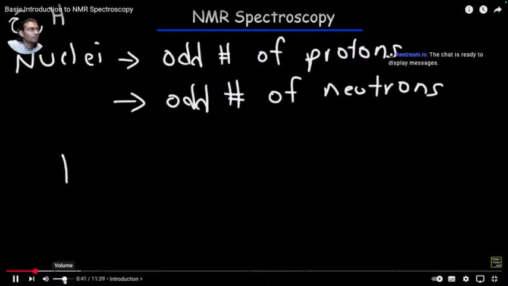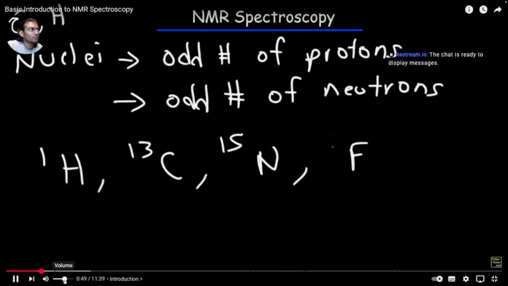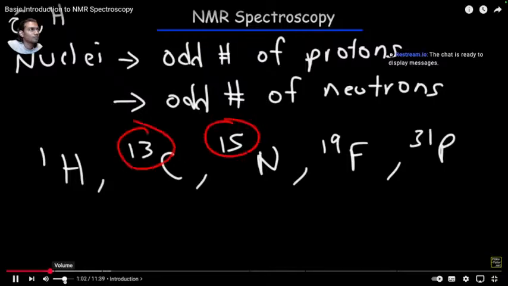Nuclei such as hydrogen, carbon 13, nitrogen 15, fluorine 19, and phosphorus 31. These nuclei either have an odd number of protons or an odd number of neutrons, because as you can see, the mass numbers are all odd.